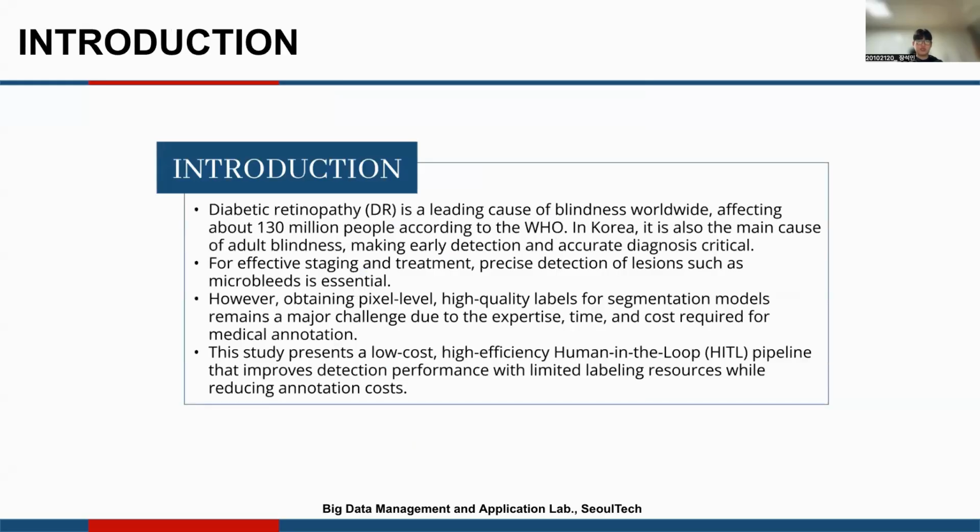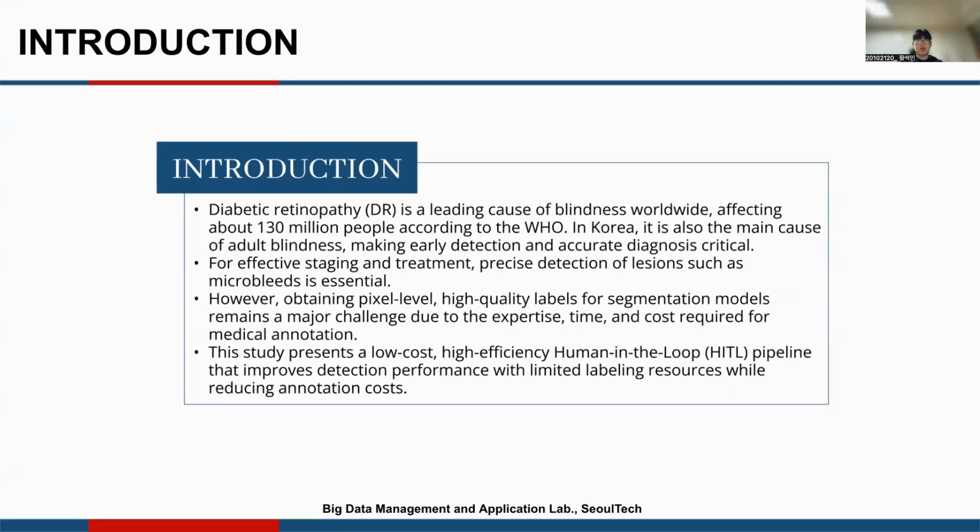In the introduction chapter, diabetic retinopathy is one of the leading causes of blindness worldwide, affecting approximately 130 million people according to the WHO. In Korea as well, DR is a major cause of adult blindness, highlighting the critical importance of early detection and accurate diagnosis.